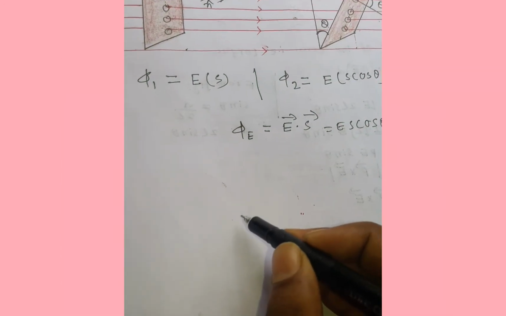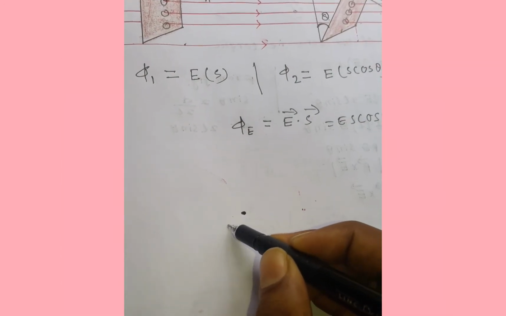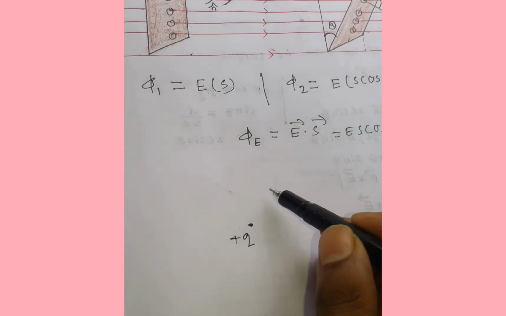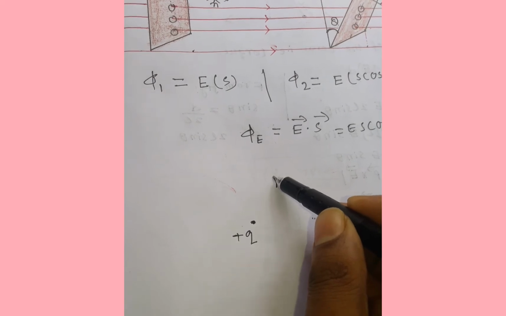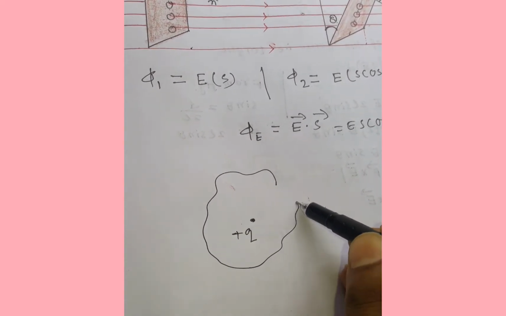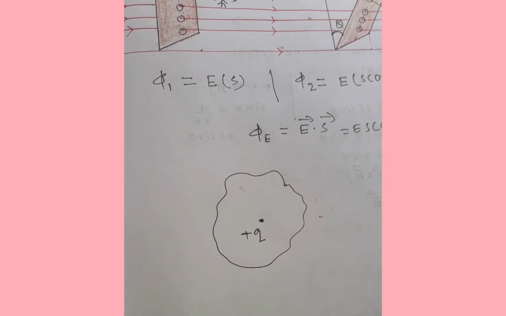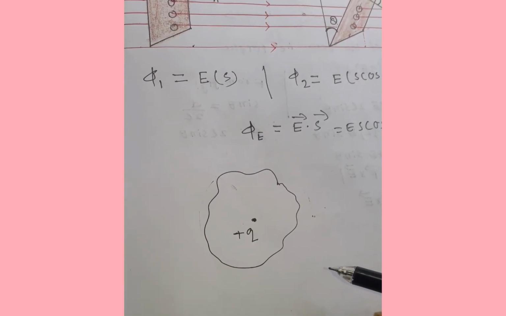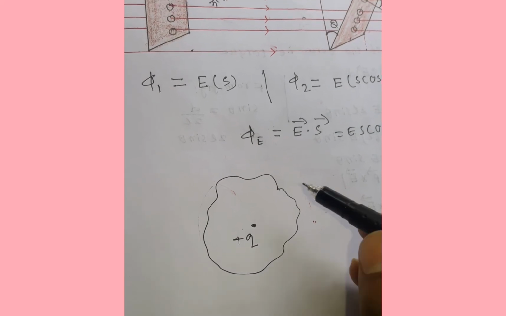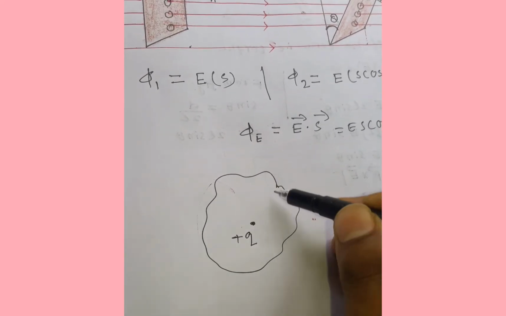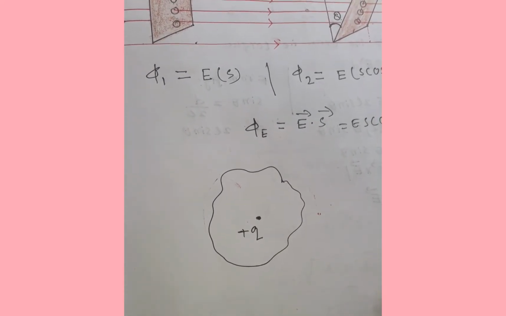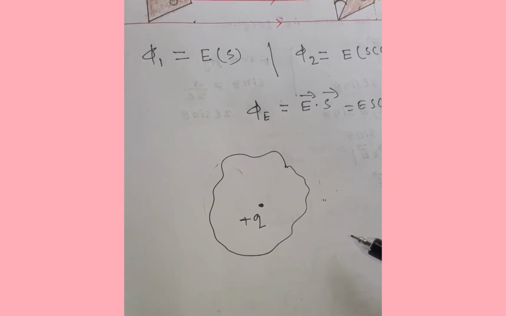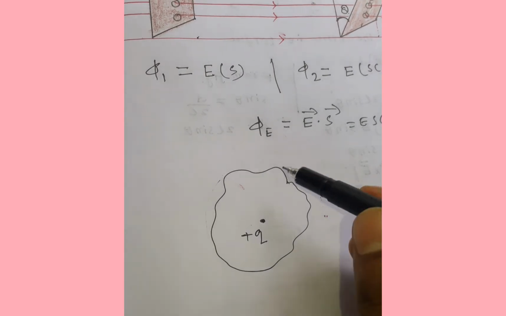Say here is a charge Q and this charge is enclosed by an arbitrary surface. Here the surface is non-uniform, non-symmetric, and on the surface the electric field is not uniform.